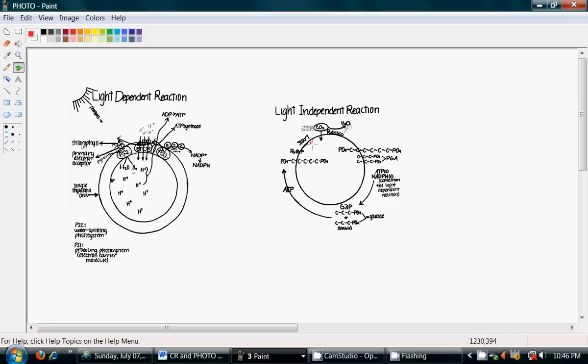So if you were asked how many CO2 molecules it takes to make one molecule of G3P, you would say 3, because it takes 1, 2, 3 molecules of carbon to make one molecule of G3P, and 6 CO2s to make one whole molecule of glucose, because you need to regenerate this 5-carbon molecule every time you start this process over and over and over.